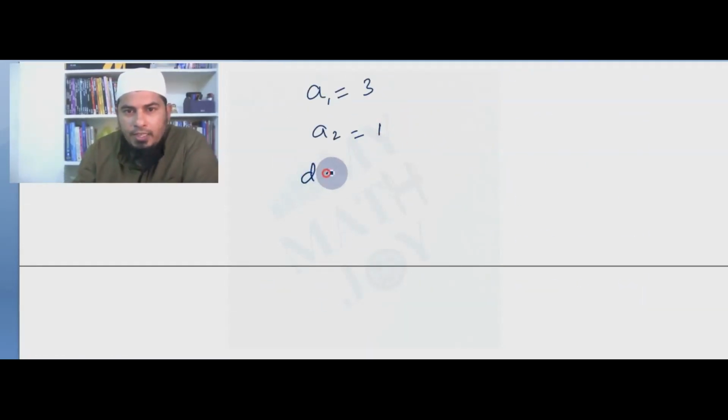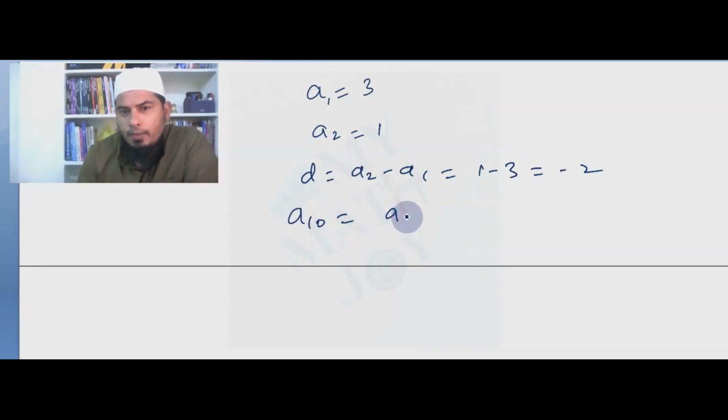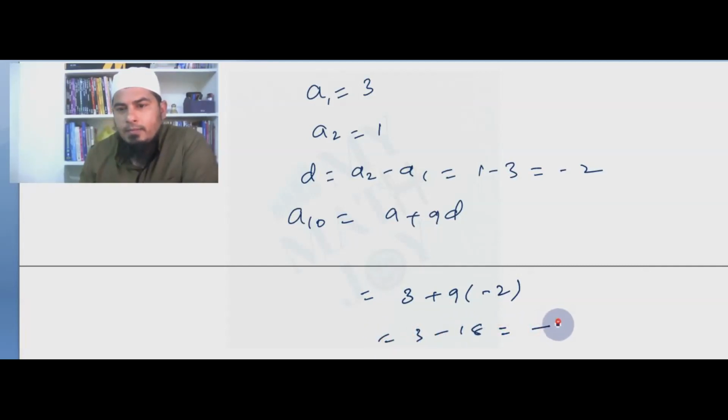So D is A2 minus A1, which is minus 2. A10 he wants, so A plus 9D. A is 3, 9 times negative 2, 3 minus 18, exactly minus 15 is the 10th term.